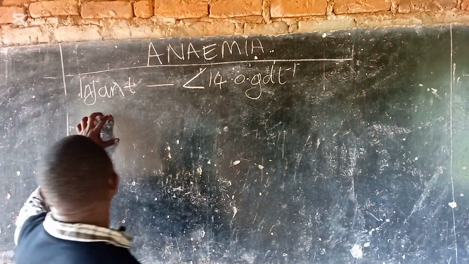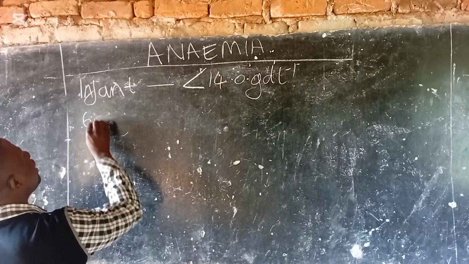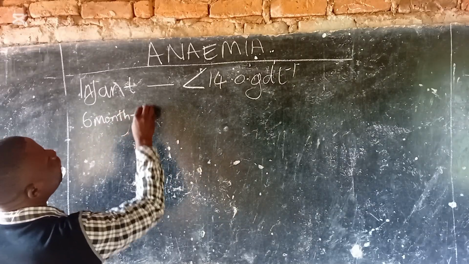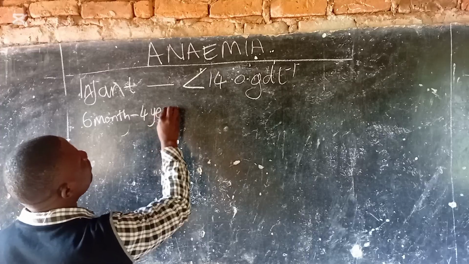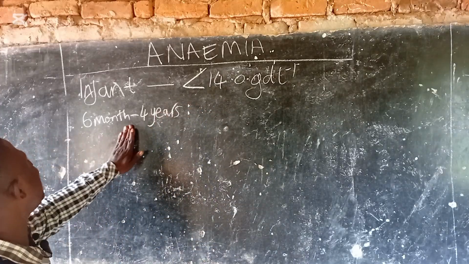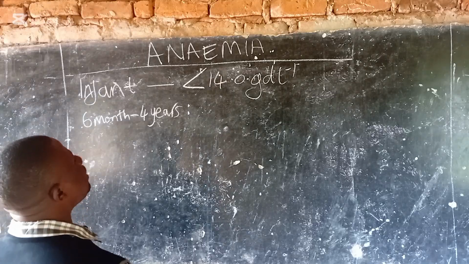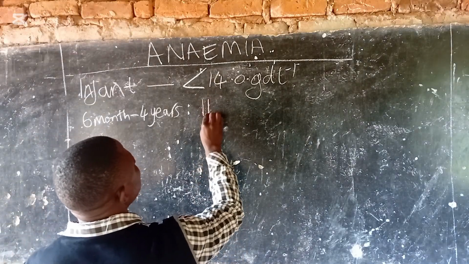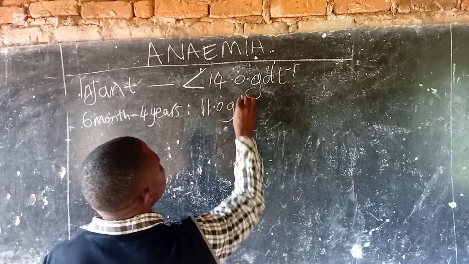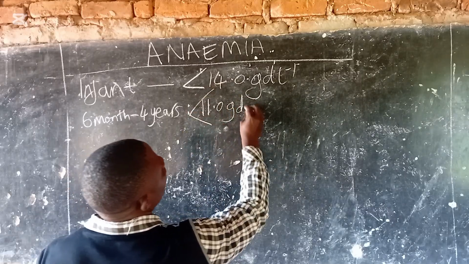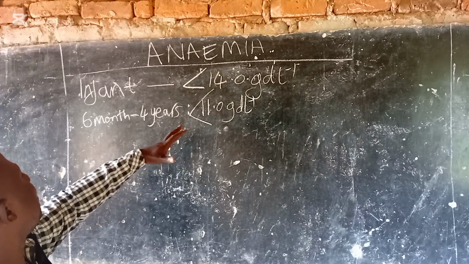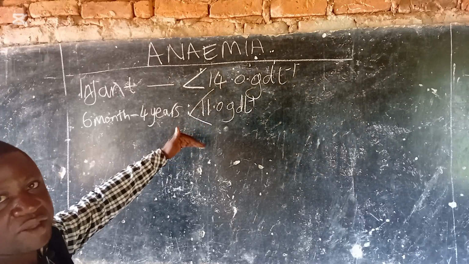So, this is an infant, 6 months up to 4 years. This one, we consider this person to be anemic once it is below 11.0 grams per deciliter. If it's below this, we say is anemic.